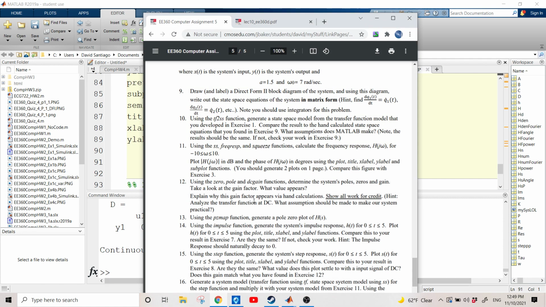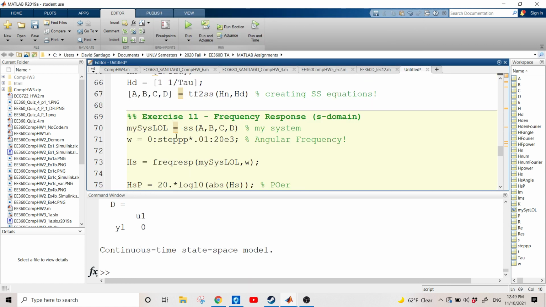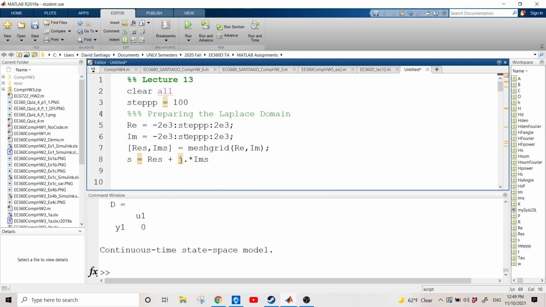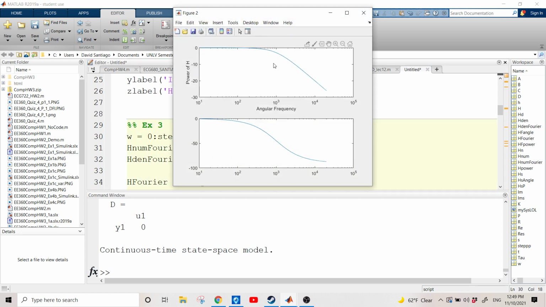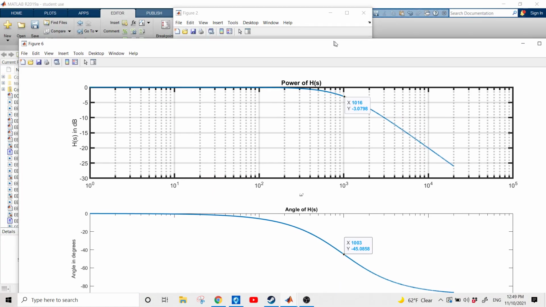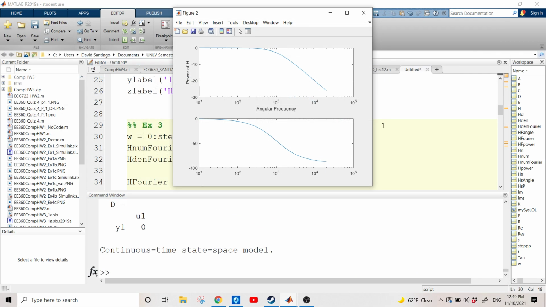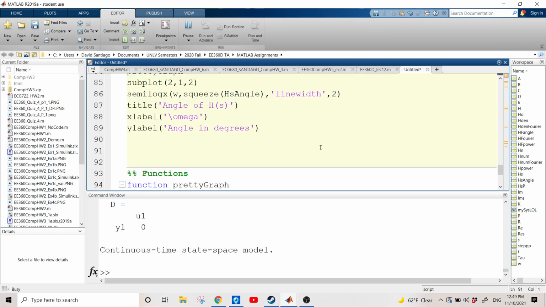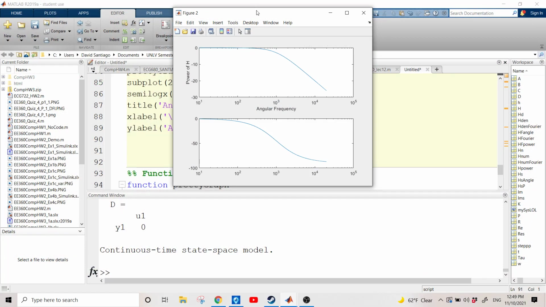So, let's see. I just basically did that, and then compare this figure right here, exercise 11, with exercise 3, which is, where is that? Is that the same? Look at that. And now let's pull out our figure. There we go. Are those the same? Just regenerate it, whatever. Boom. See?